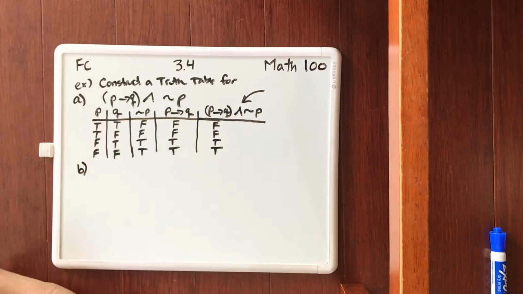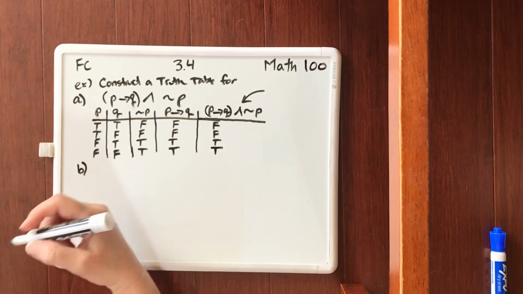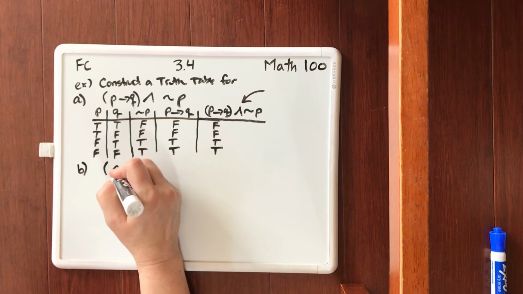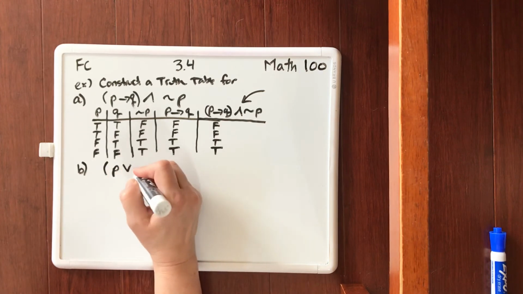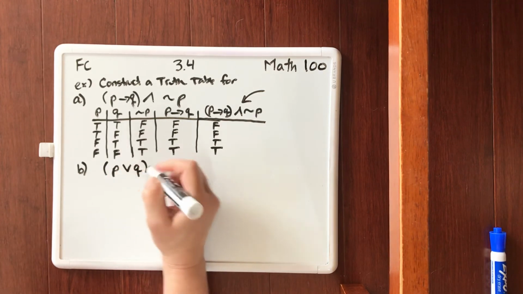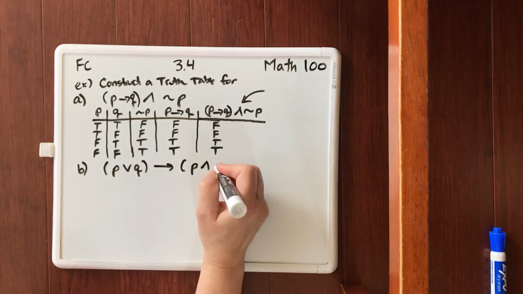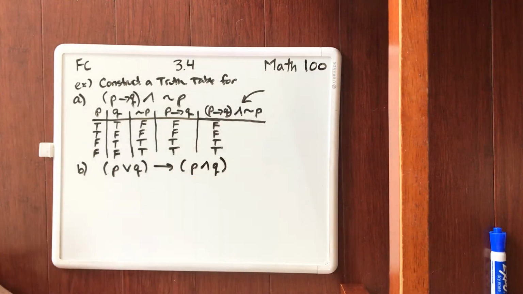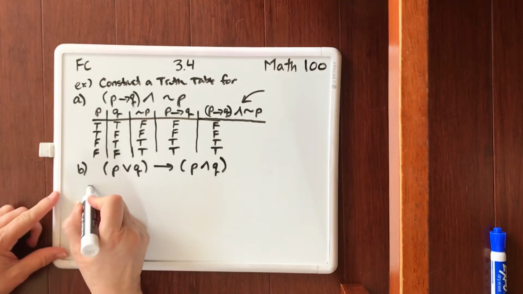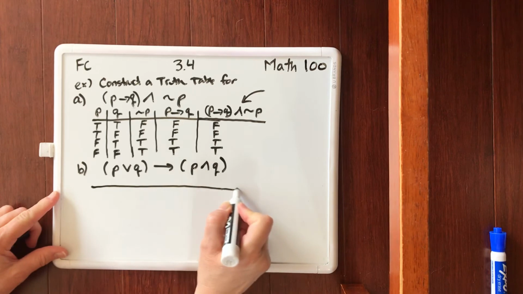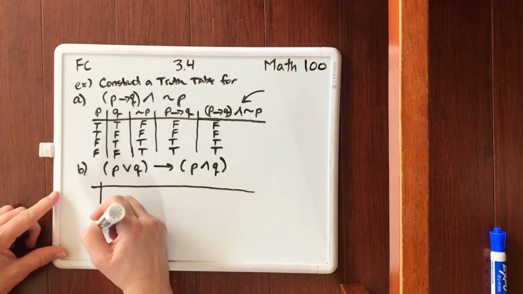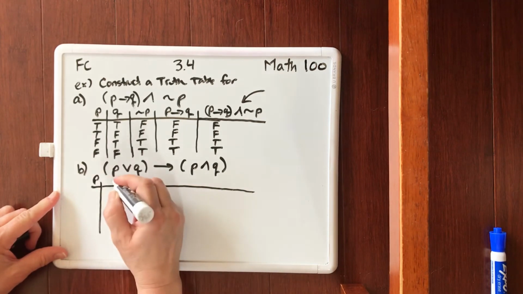Let's do our second truth table. Our second one is: if P or Q, then P and Q. Okay, so now we have to think about this in making our truth table. We've got a lot of different things to think about. First, we have our P. That's not an issue.